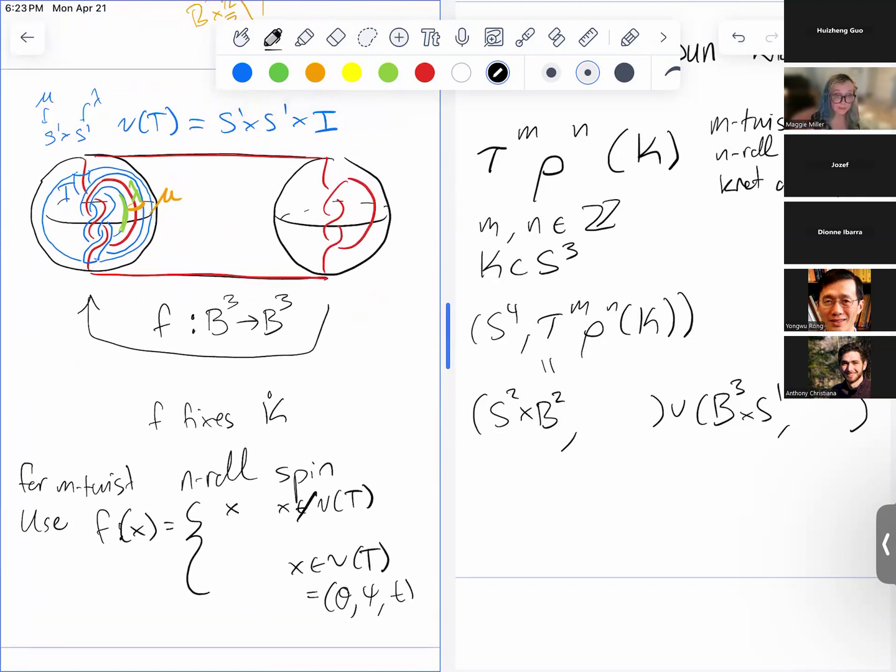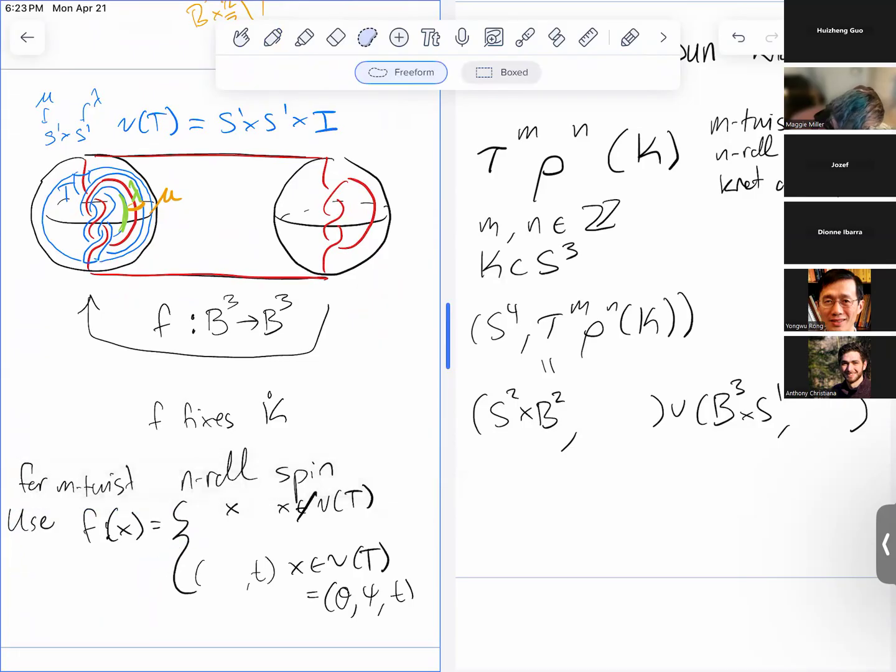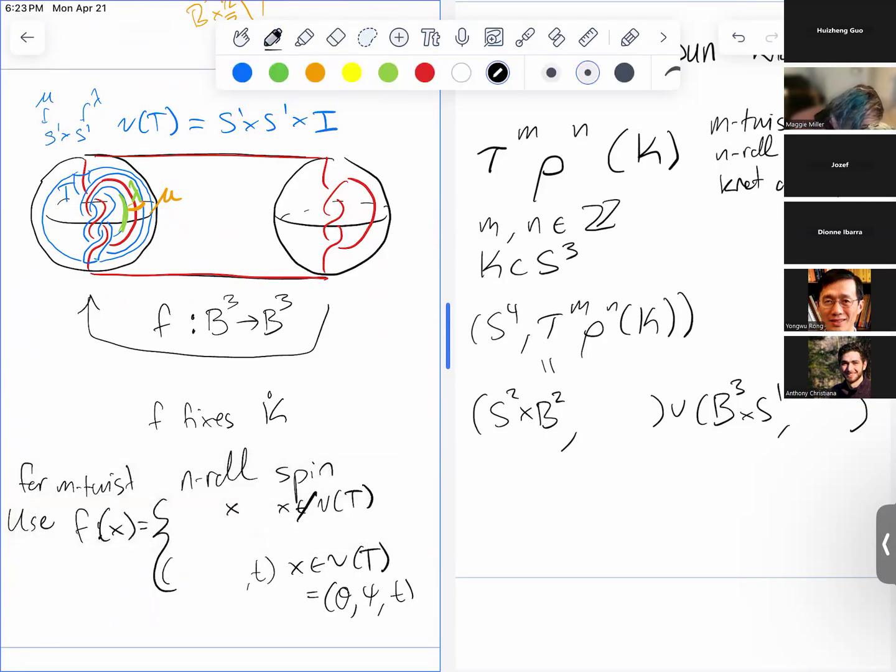And what I'm going to output is, well, I'm going to fix that I factor, but I'm going to change these two circular factors. The first one, as t ranges from 0 to 1, I'm going to have the number of twists increased by m. I'm going to go through m twists. So let's have theta plus 2 pi m t.